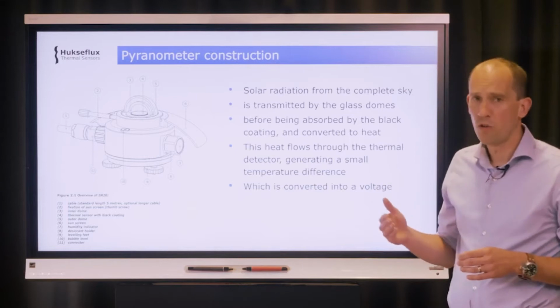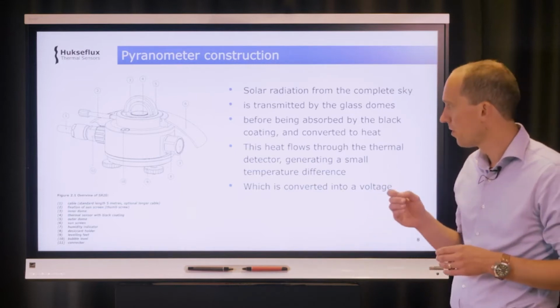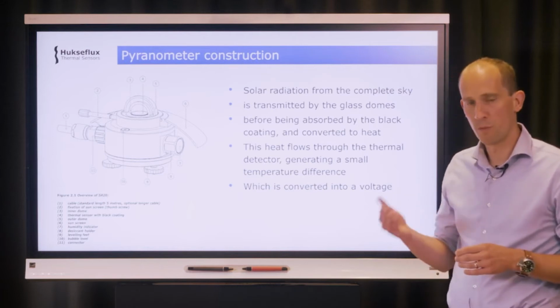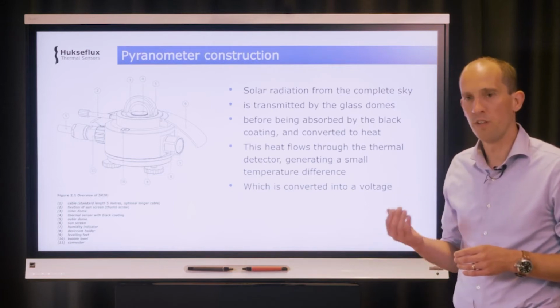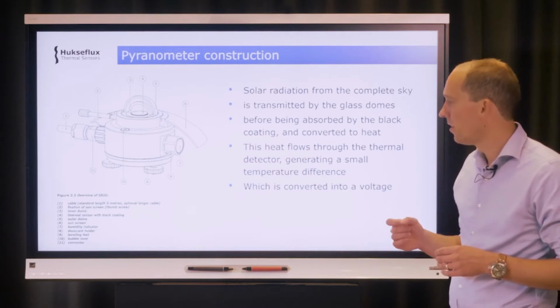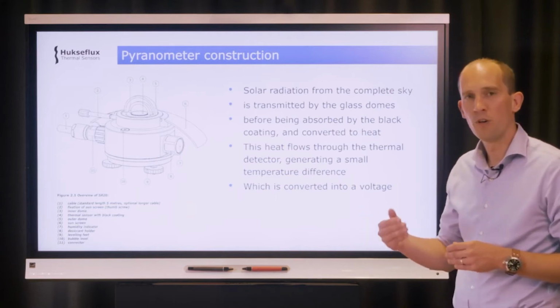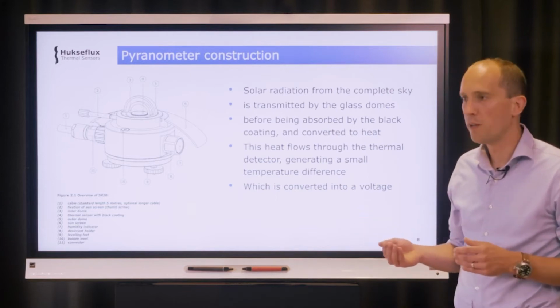Now the solar radiation, which is transmitted through the glass, hits the black surface, the black coating, and the black coating absorbs this energy and turns it into heat. So the coating itself becomes hotter, and this heat will flow to the housing, the body of the pyranometer, which is often aluminium.